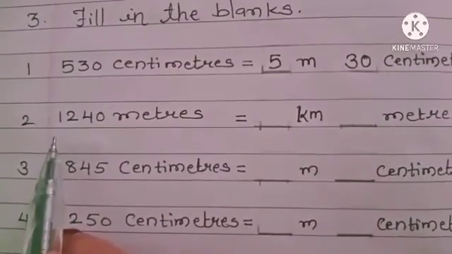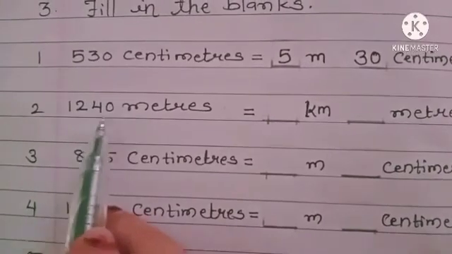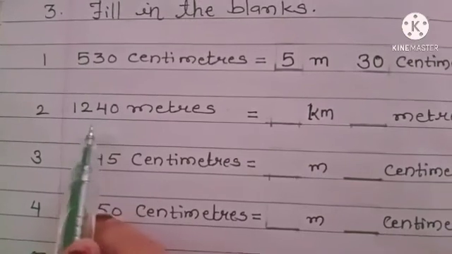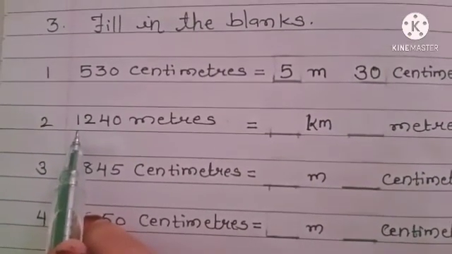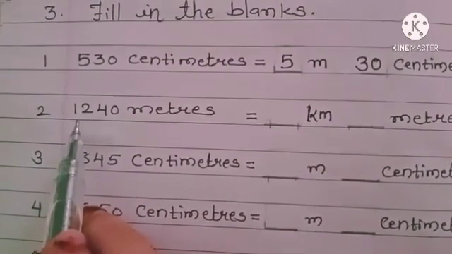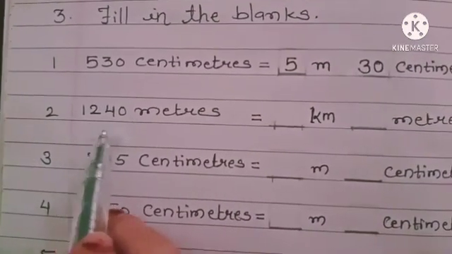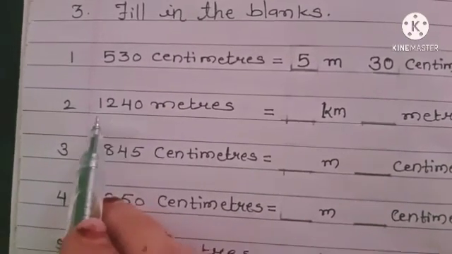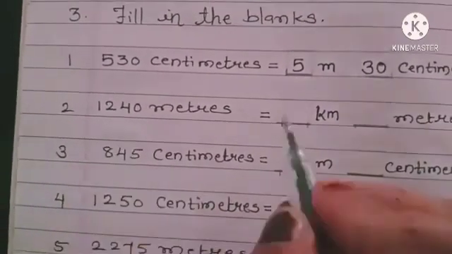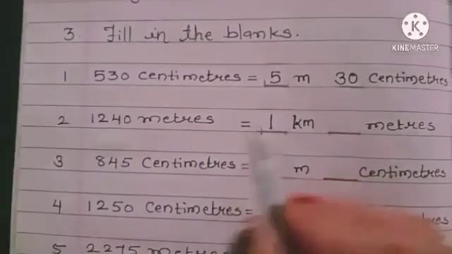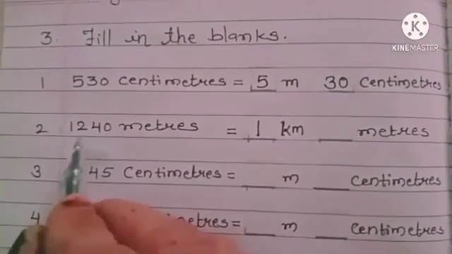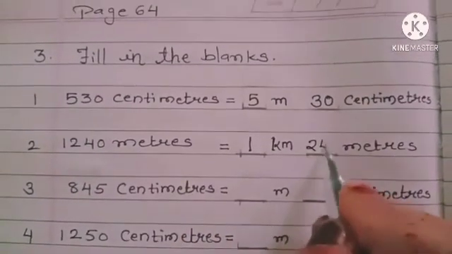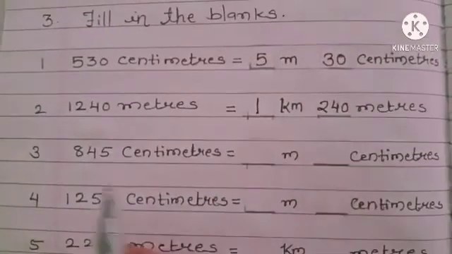In the next question is given 1240 meters. So if we separate this, it will be 1000 meters. So 1000 meters is equal to how many kilometers? 1 kilometer. So we will separate this 1 kilometer from this and we will write here 1 kilometer. And how many remaining? It is 240 meters remaining. So 240 meters.